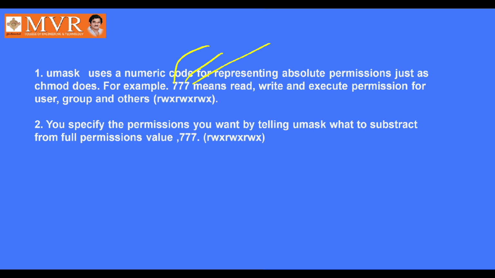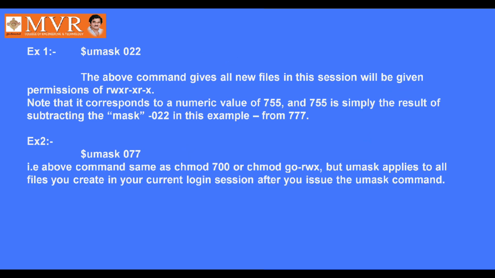Whenever you use the umask command, you are telling the system that you want to subtract those permissions from 777. So by default the base permissions are 777. You need to concentrate a little more here.